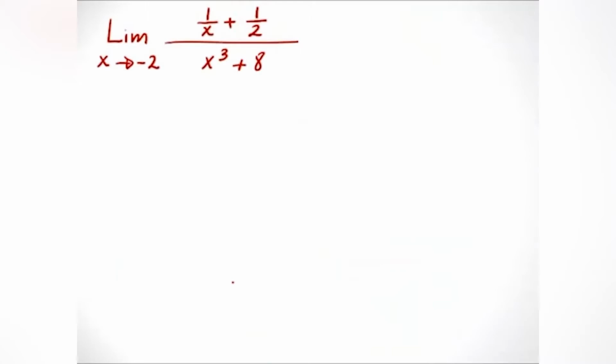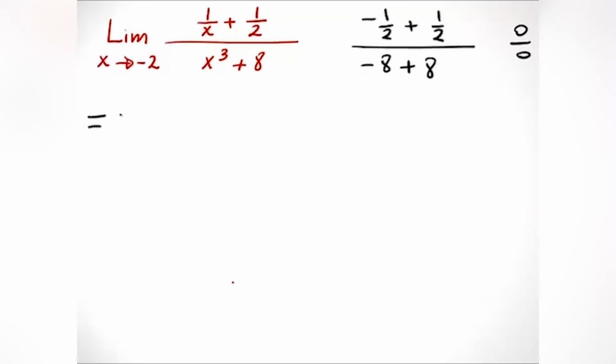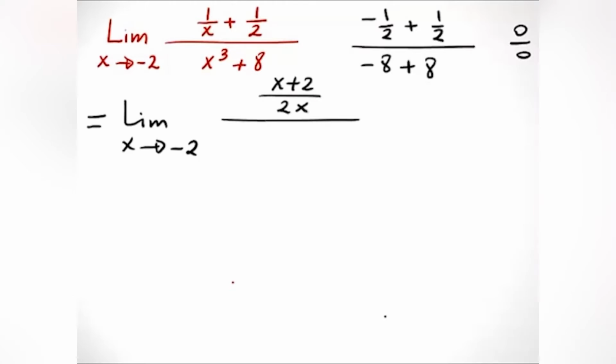When x goes to negative 2, the numerator goes to negative half plus half, and the denominator is negative 8 plus 8. So it is 0 over 0. I will go and simplify things. I can write the numerator as x plus 2 divided by 2x, and the denominator is in fact the sum of 2 cubes.